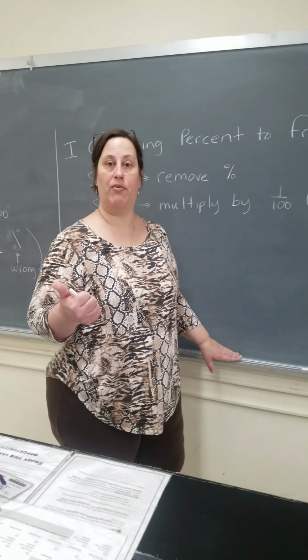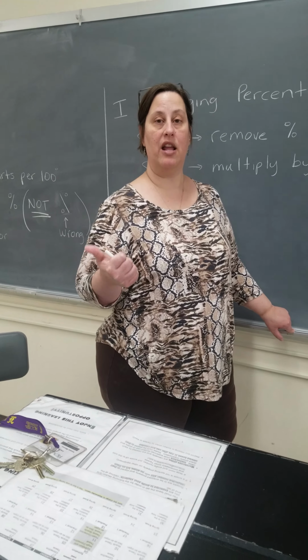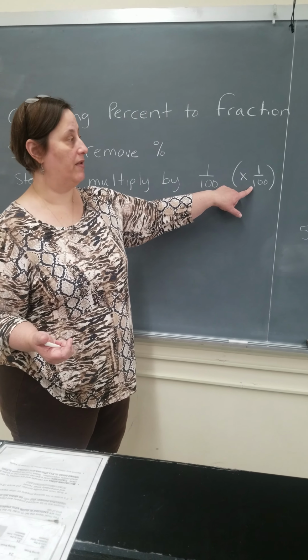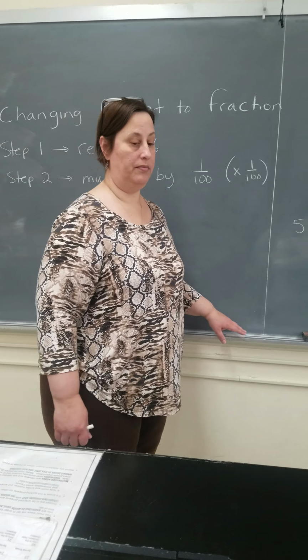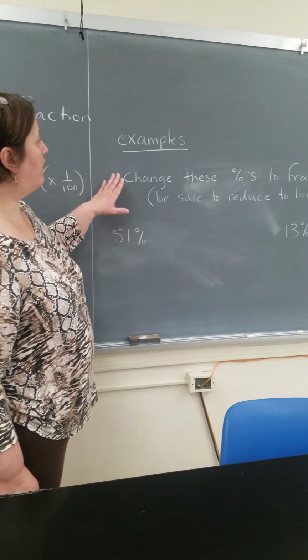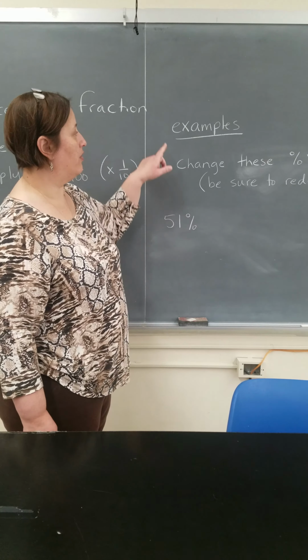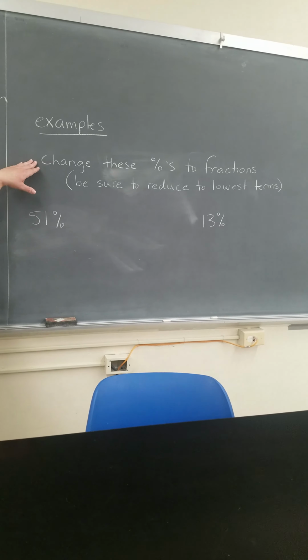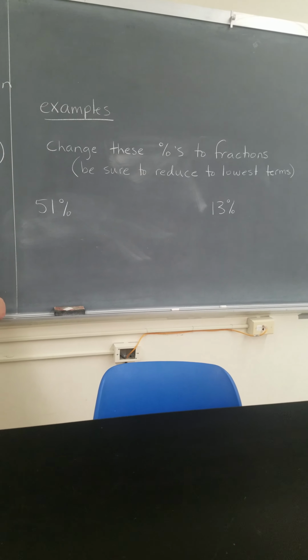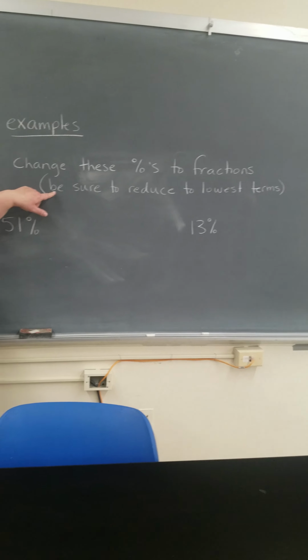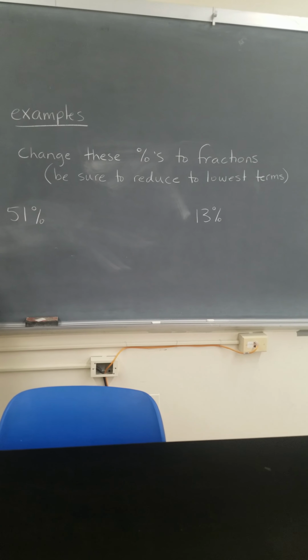So again, step 1, remove the percent sign. Step 2, multiply by 1 over 100. Okay, so moving over to this side, we have a few examples that we're going to do. So on your quiz, I'm going to say change these percents to fractions. My directions are also going to include be sure to reduce to lowest terms.